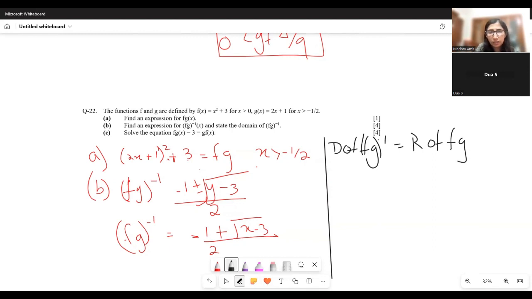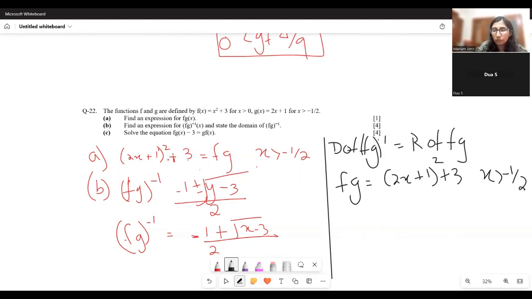We need the range of fg, so fg is this (2x plus 1) whole squared plus 3, and its domain is the domain of g, which is x is greater than minus half. If we sketch it, the turning point has x coordinate minus half, y coordinate 3. So yes, a graph like this, and x is greater than minus half, so this side.